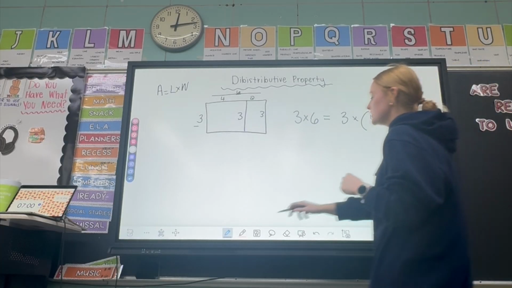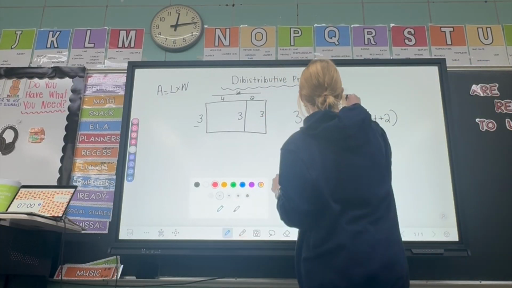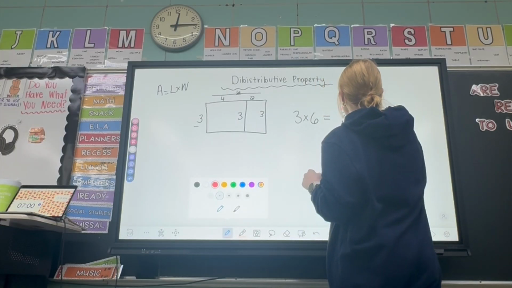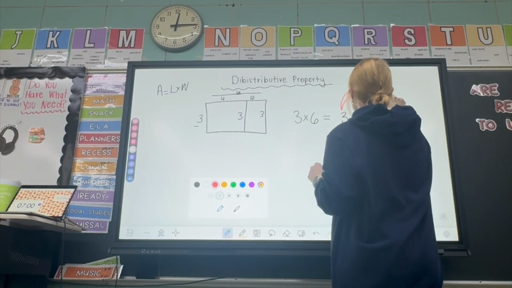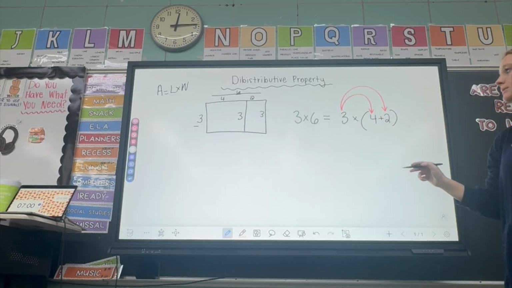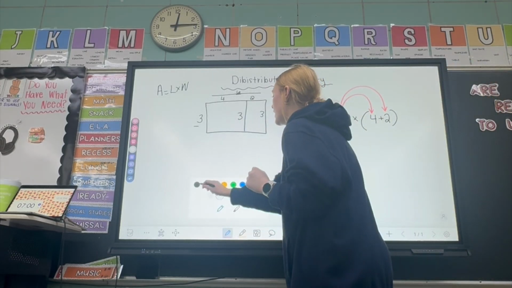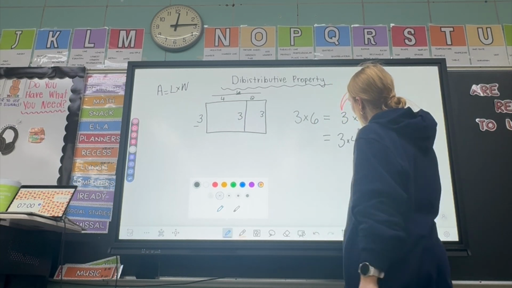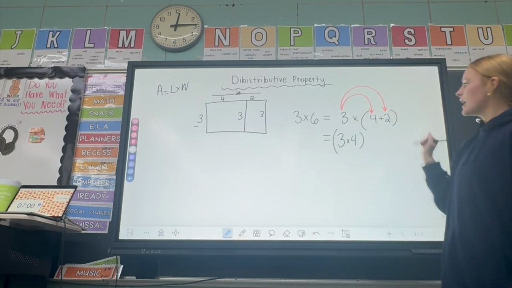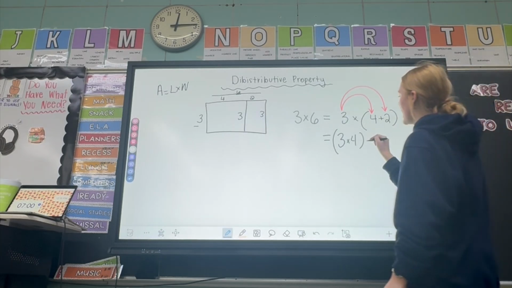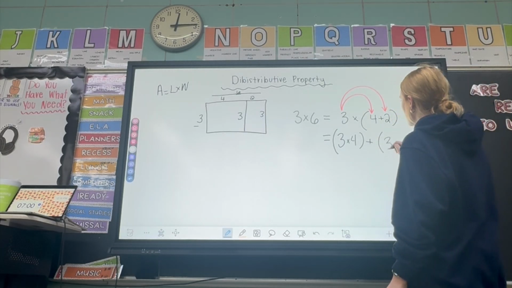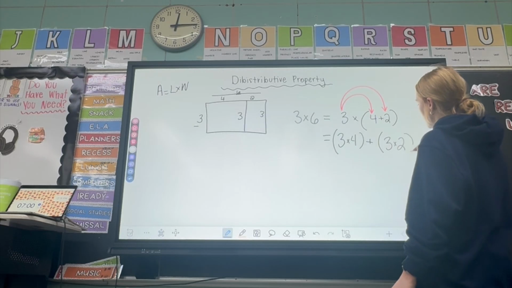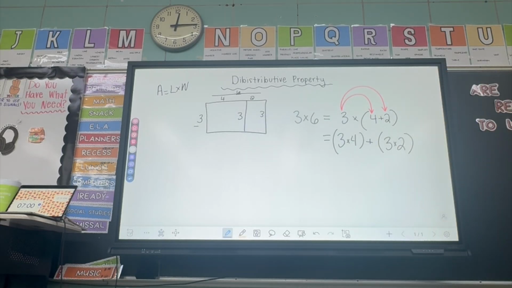Now, I'm going to draw some arrows so that I can visualize what I'm really multiplying. So here, I'm really multiplying 3 times 4, which was my first arrow, and I'm adding it to 3 times 2, which is my second arrow.